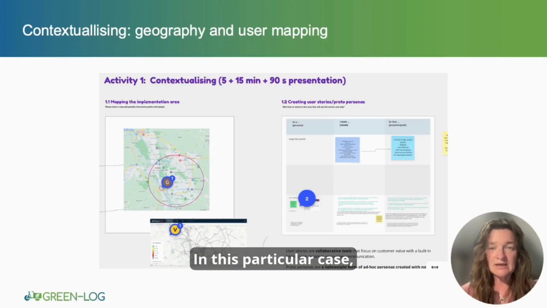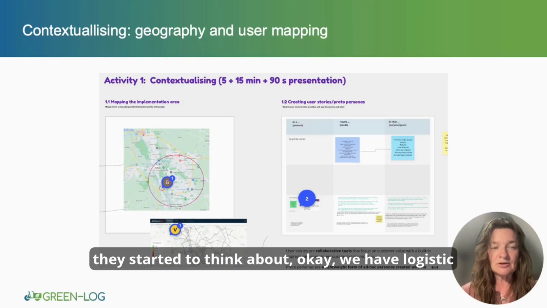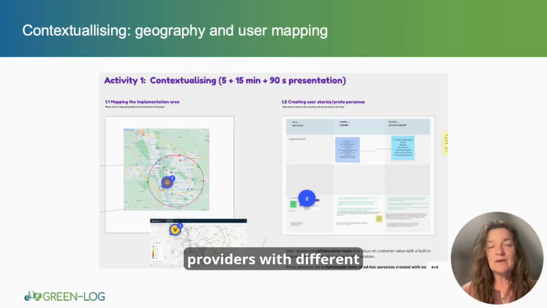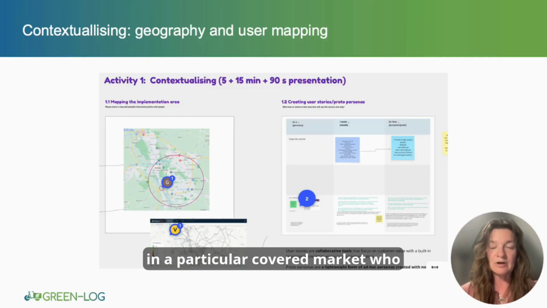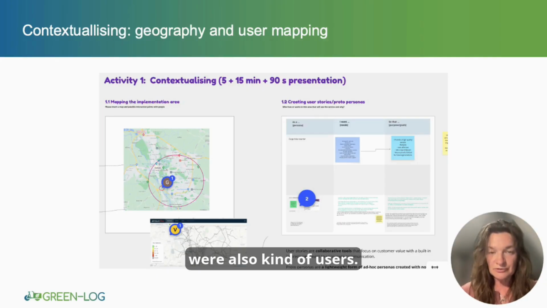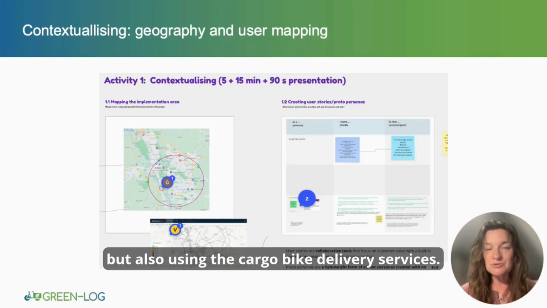In this particular case, the Oxfordshire Living Lab in the Greenlog project, they started to think: we have logistics providers with different kinds of cargo bikes, but also shopkeepers in a particular covered market who were also users, and of course the people shopping in the market but also using the cargo bike delivery services.